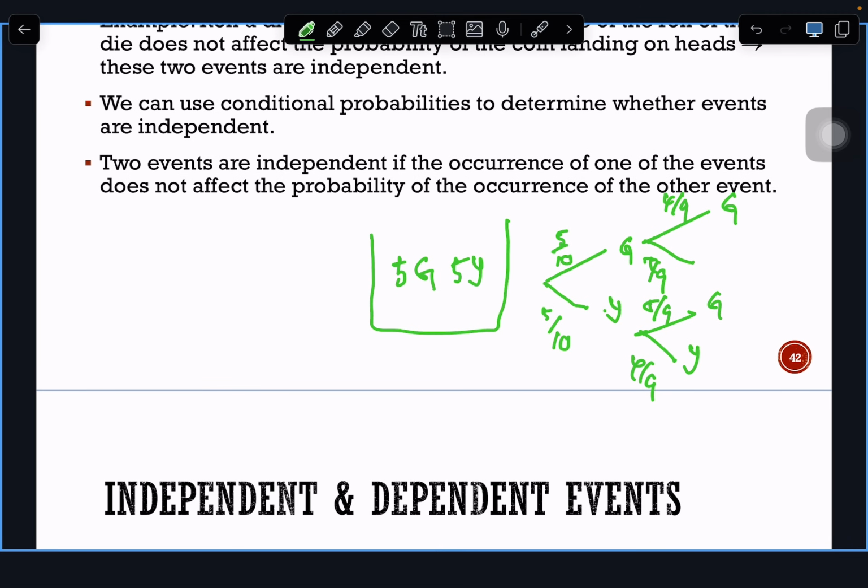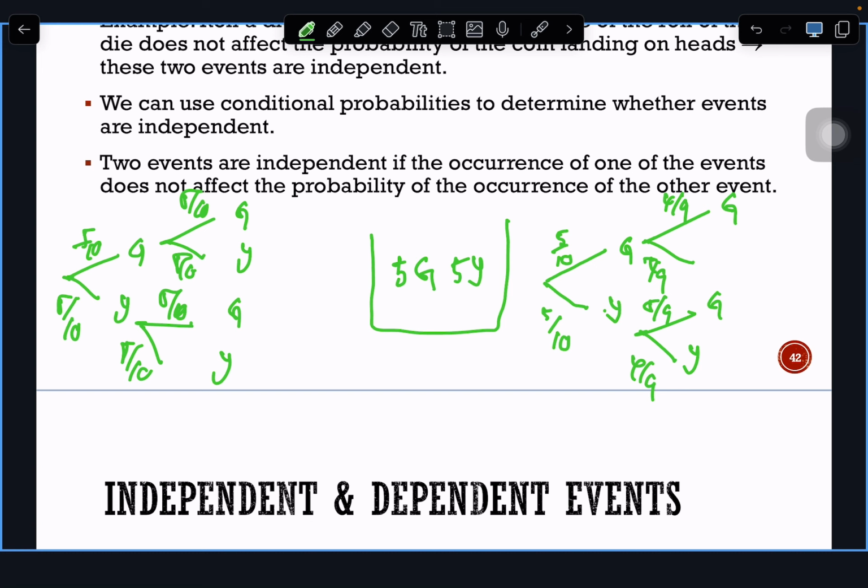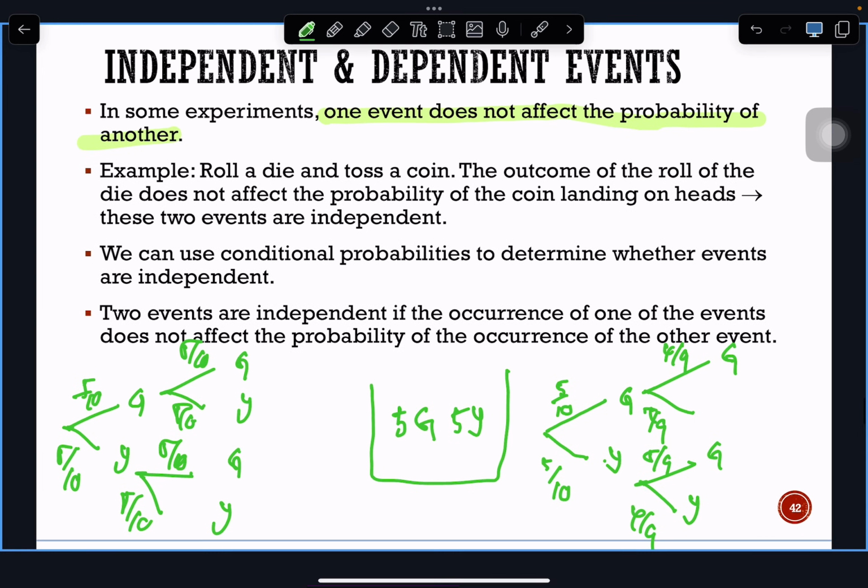Let's say we draw this one. So this one is 5/10, G yellow. This one is 5/10. I hope you can read my handwriting there. So it says here it does not affect the probability, right?